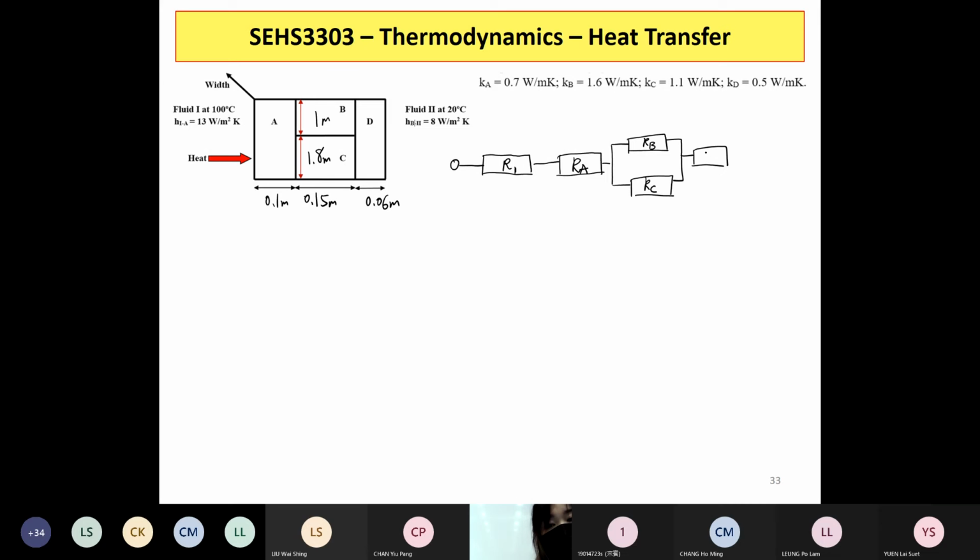At wall D, that is again a thermal resistor for conduction.